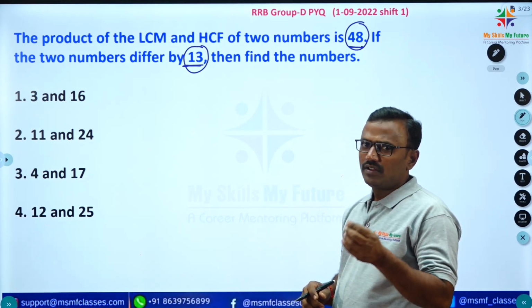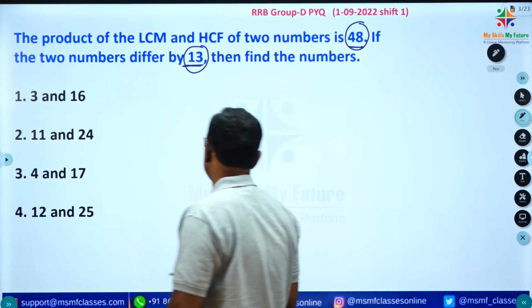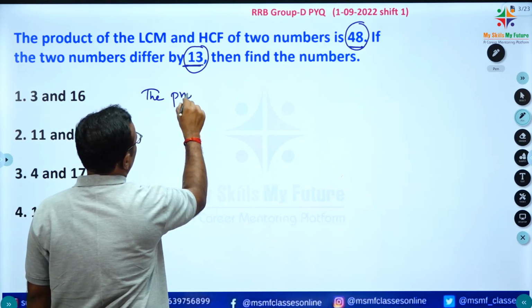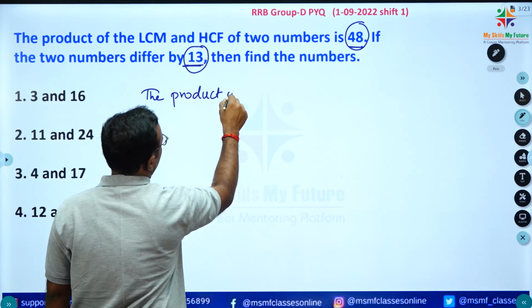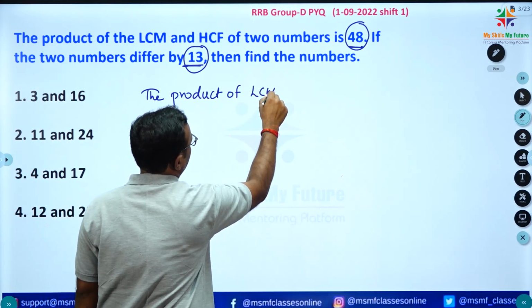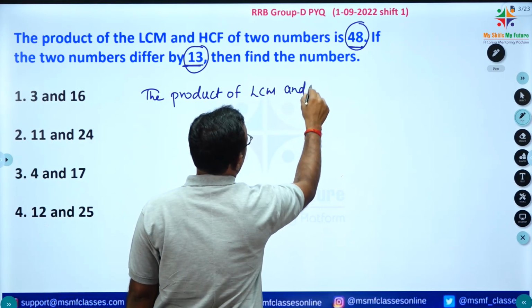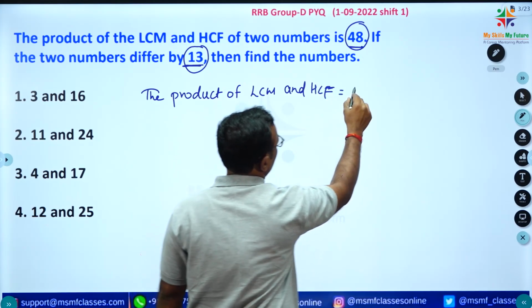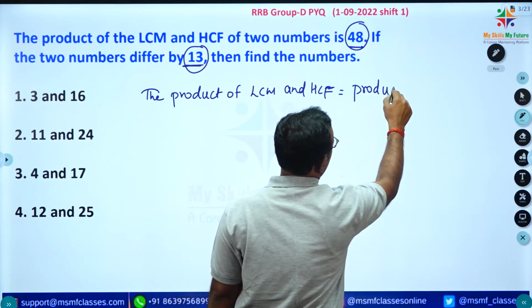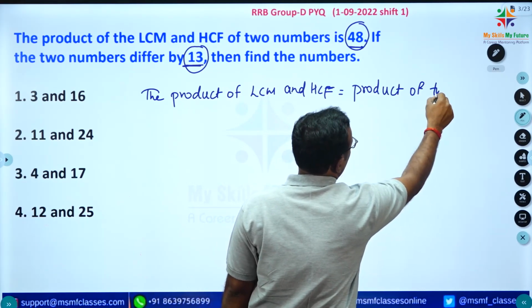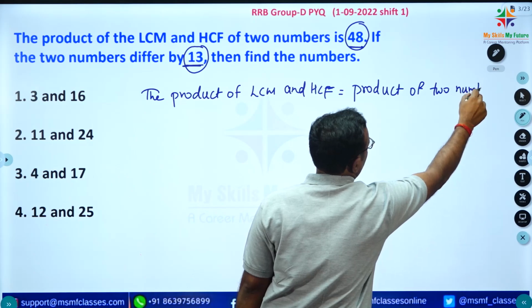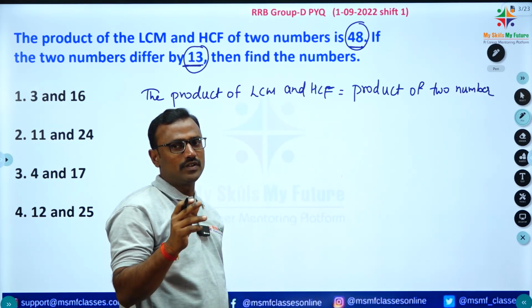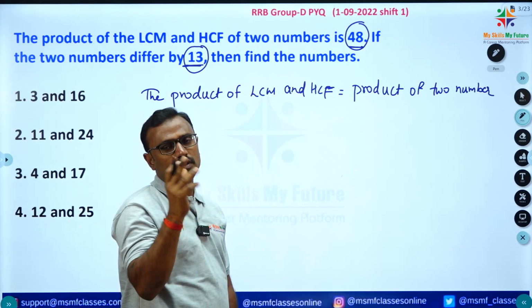We know one of the formulas: the product of LCM and HCF is equal to the product of the two numbers.